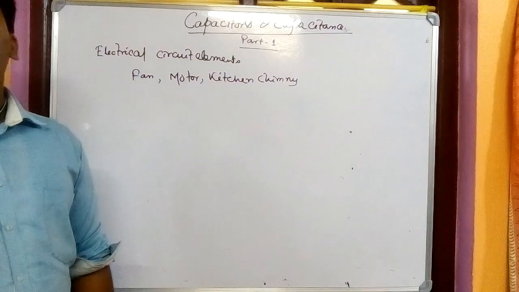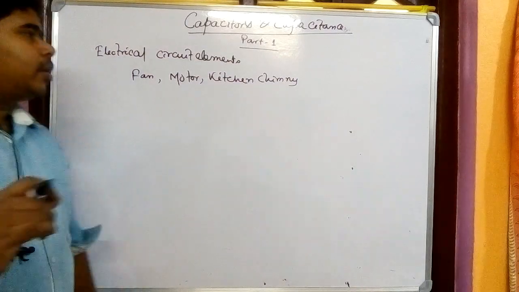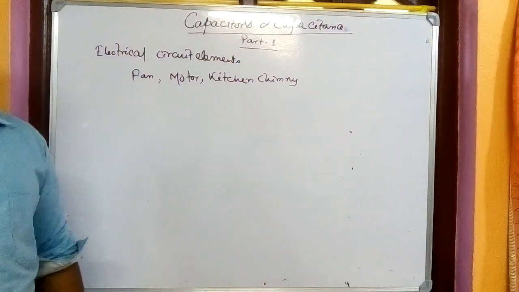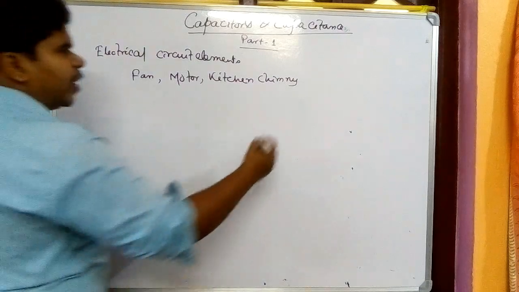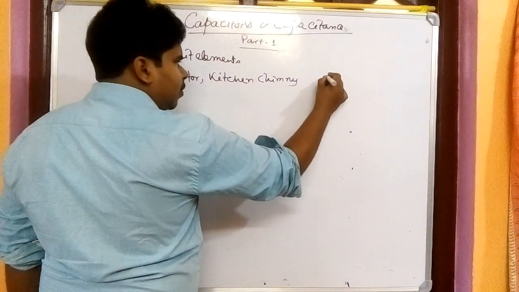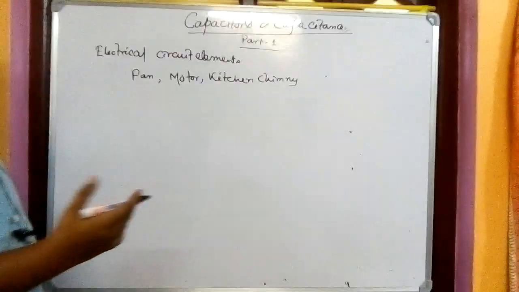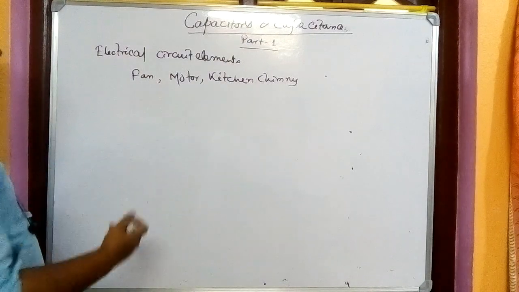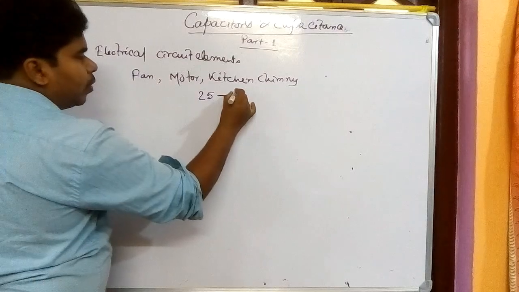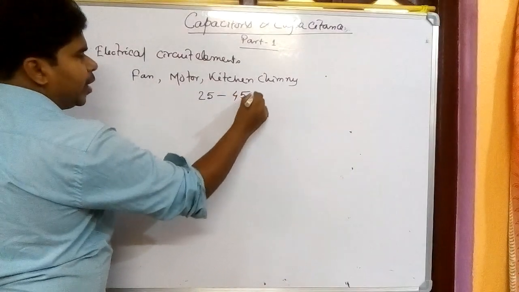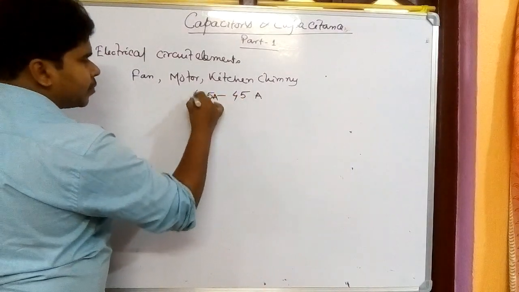How much current is needed to start the instrument? Generally, to work continuously it needs very little, around 2 ampere to 3 ampere. But to start, it takes around 25 to 45 or 50 ampere of current.